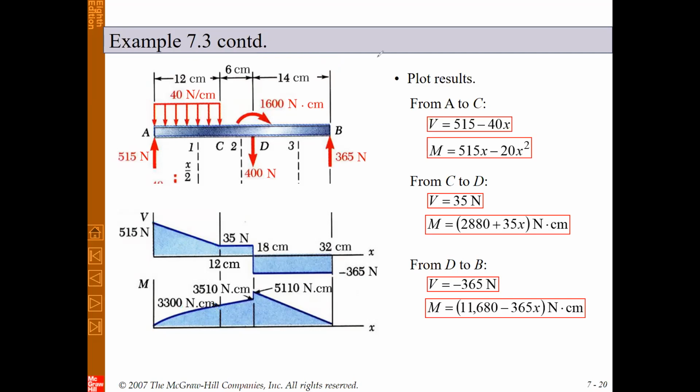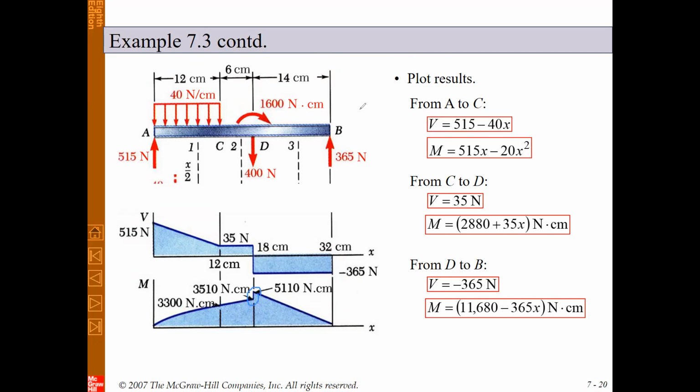Okay, so these are the bending moment and shear force diagrams versus x. Just to mention, to check your results, in the bending moment diagram, you can see this is a continuous line, except at this point where we have a concentrated moment.